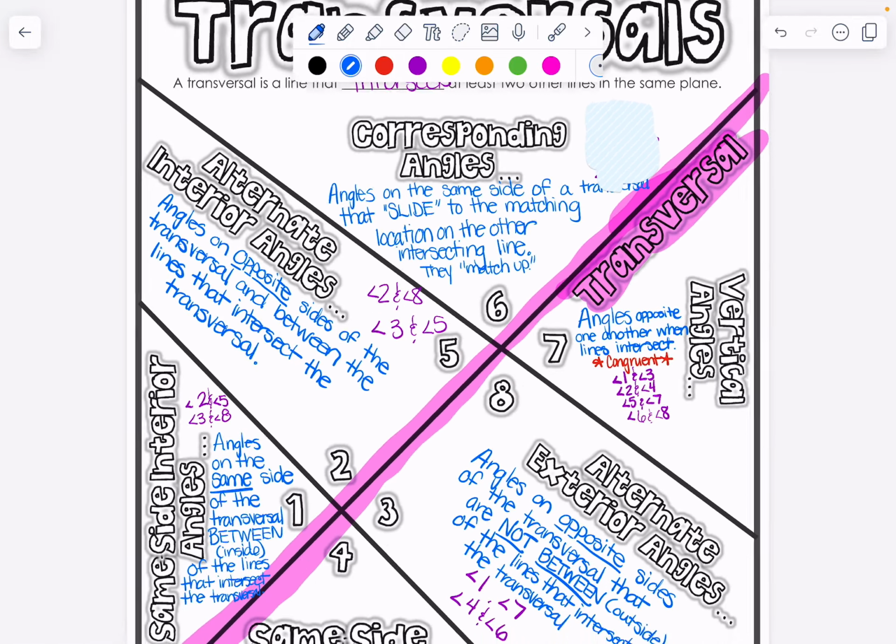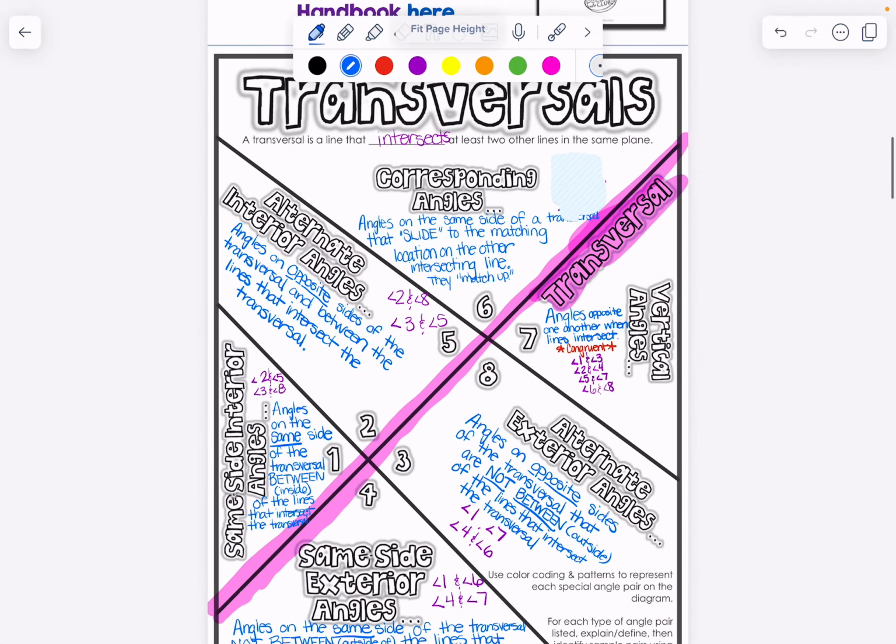It's hard for me to give you a good visual when I'm not there in person, but for example, if I were to take this line and slide it down on top of the other line down here, then I'm looking for which angles match up. So angle 6 and angle 2 would be corresponding angles.